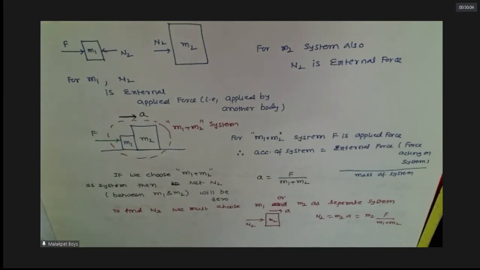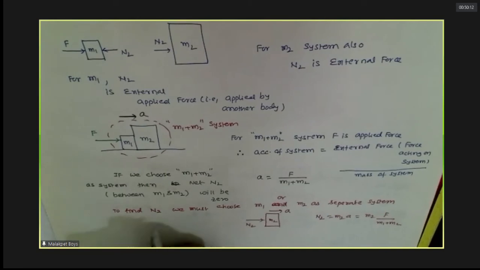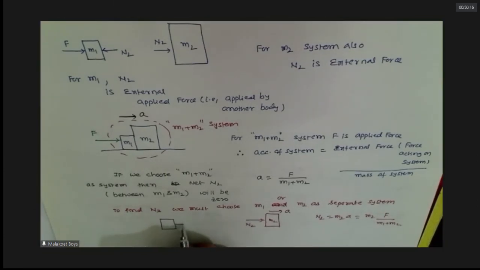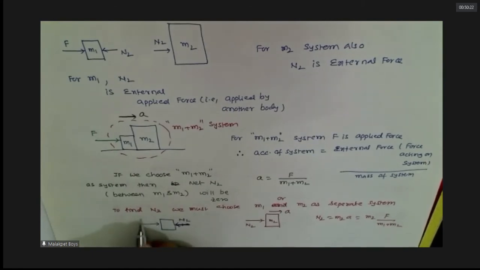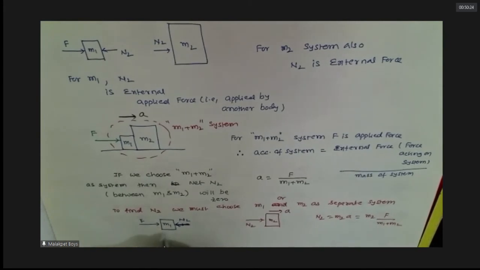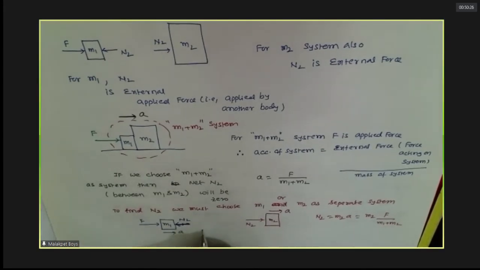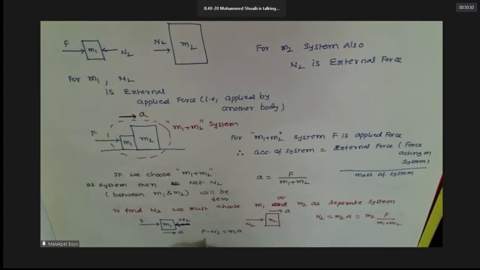Sir, we can choose M1 or M2, any one of them as a separate system. Anything you can choose. If you want to take this, now you have F minus N2 is equal to M1 times the acceleration.